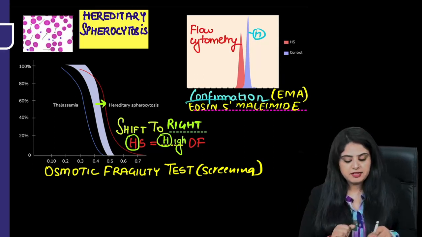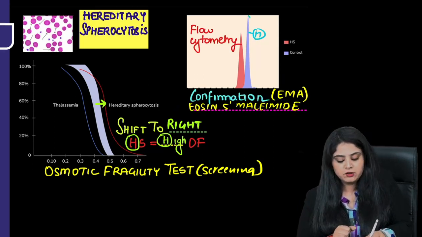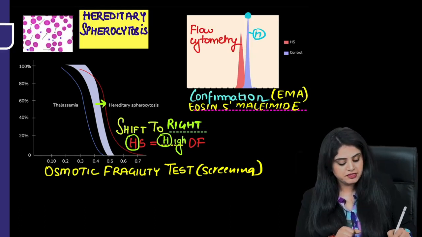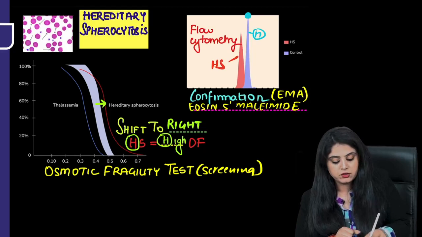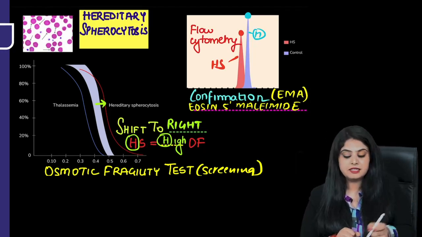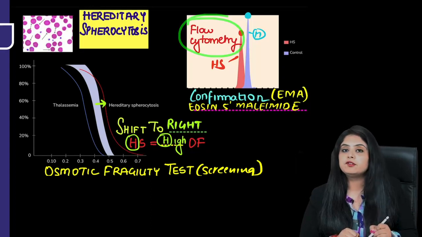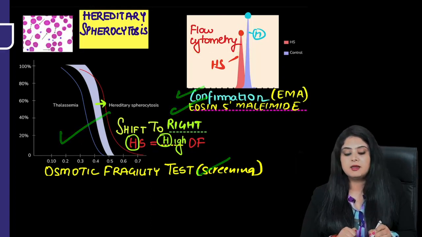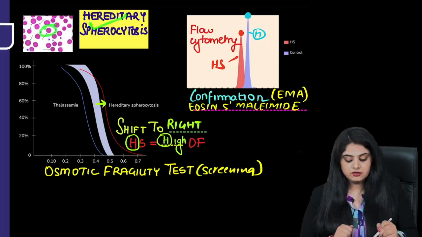Eosin 5 maleimide is a dye. So if I see normal cells are getting say an intensity of 10 of the dye. But if I'm seeing cells which have hereditary spherocytosis, they are getting less intensity of dye. That is eosin 5 maleimide testing. So that is done by a technique called flow cytometry. So remember, osmotic fragility is screening and confirmation is by the EMA method, that is hereditary spherocytosis.